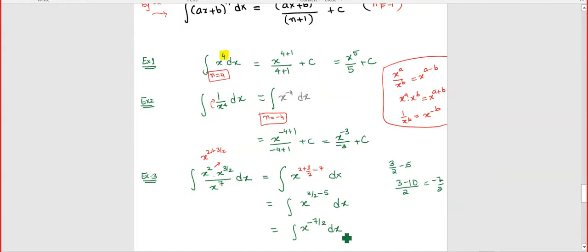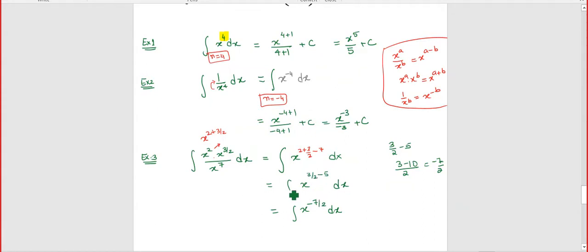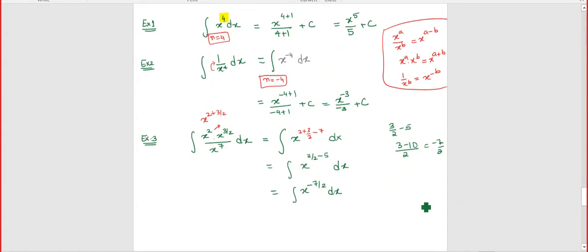Now still the integration is not over. So far, in these steps, we converted the function into the form so that the rule will be applicable to it. So now in this case n is minus 7 by 2. So what will this give you? x to the power minus 7 over 2 plus 1, over minus 7 over 2 plus 1, plus c.